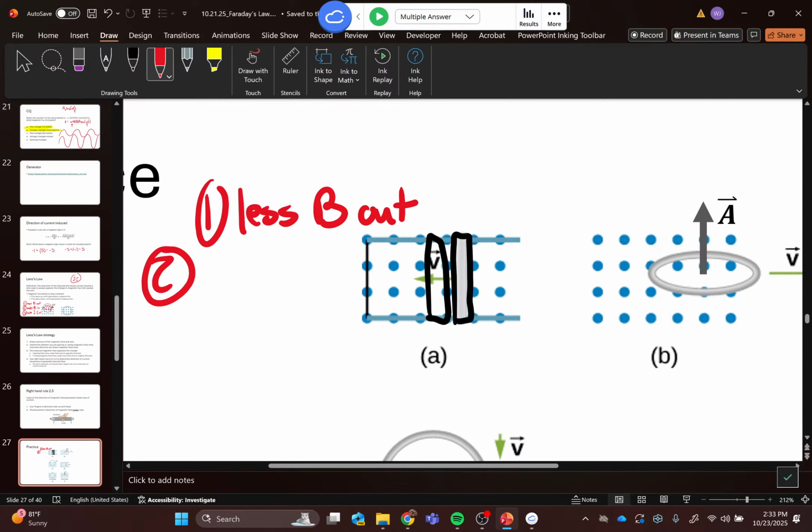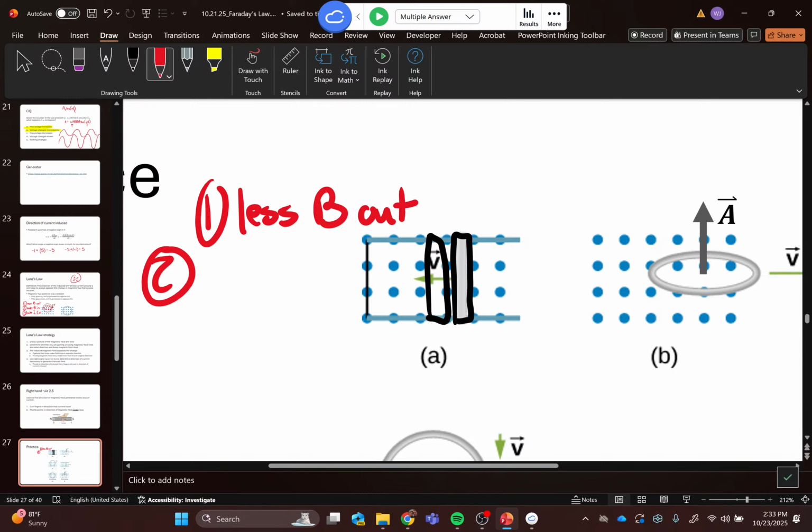We're getting less B out, so how do we counteract that? If I put more B in, that's going to make even less. Let's say we started with 8 lines that were pointed out. Sometime later I have 5. I didn't like that. I went from 8 to 5. How do I keep it the same? I'm going to make more out.